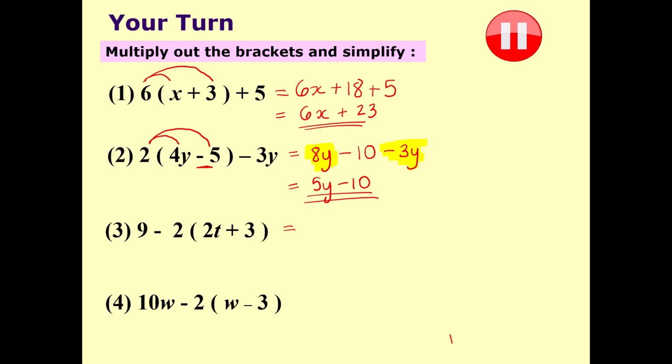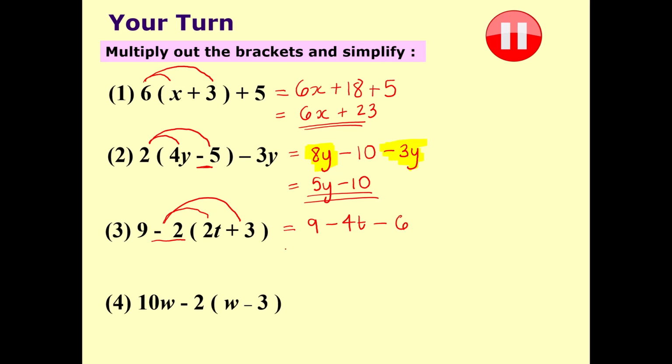Third question, before we go on to expanding the bracket, we've got 9 at the beginning that we've not done anything with yet, so we're just going to keep it as it is. Then we're going to multiply by negative 2. So negative 2 times 2t gives you minus 4t. Then negative 2 times 3 gives you minus 6.